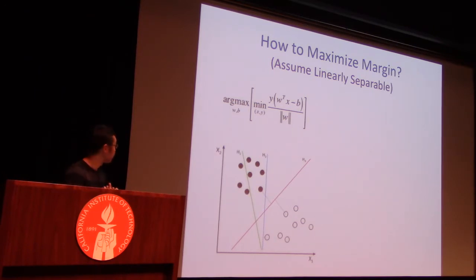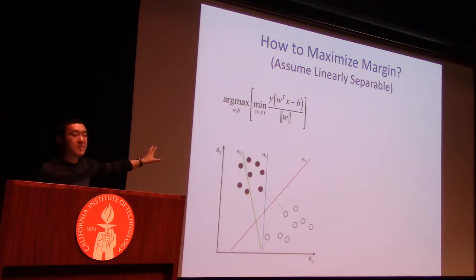I can scale up W. For the sake of argument, let's assume B is 0 for now. Then if I scale W up by a factor of 10, it doesn't actually change the answer. This argument holds if B is non-zero as well, it's just slightly more complicated.